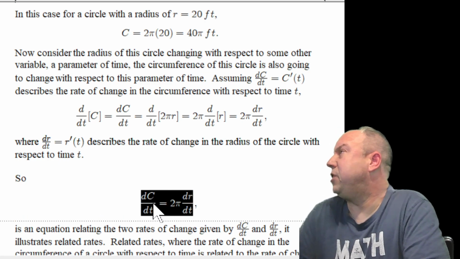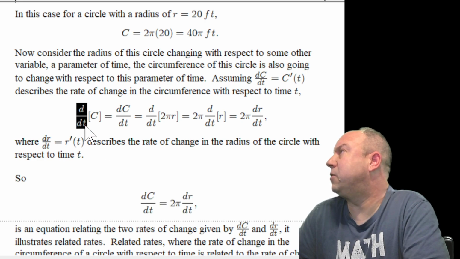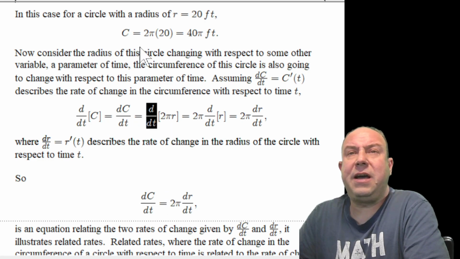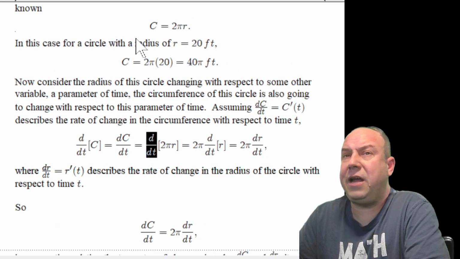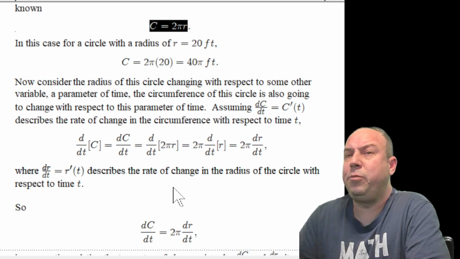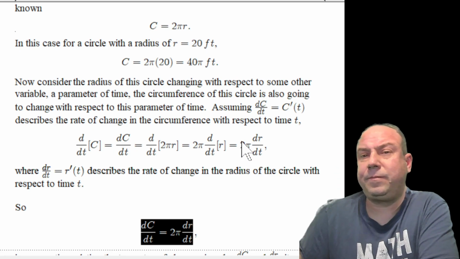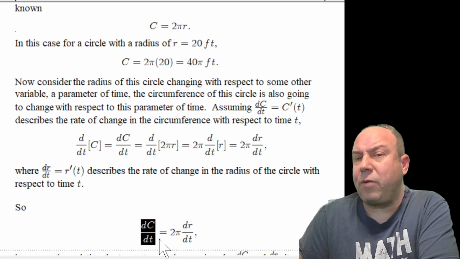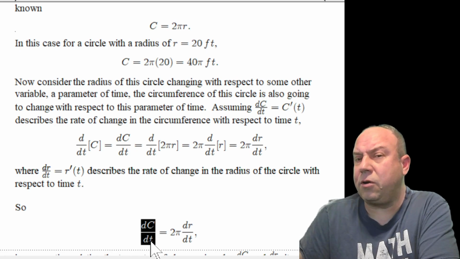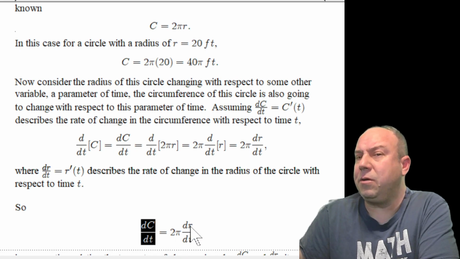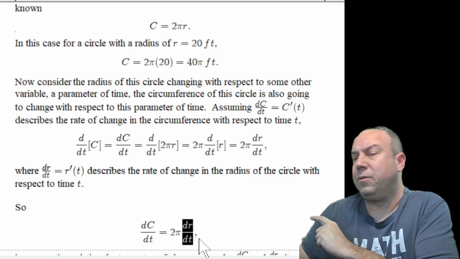With this relationship, all we've done is apply this derivative operator to either side of the relationship for the circumference of a circle and the radius, c equal to 2 pi r, and obtain this relationship that says the rate of change in the circumference of a circle with respect to time is equal to 2 pi times the rate of change in the circle's radius with respect to time.